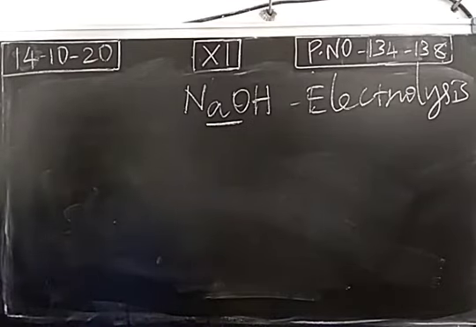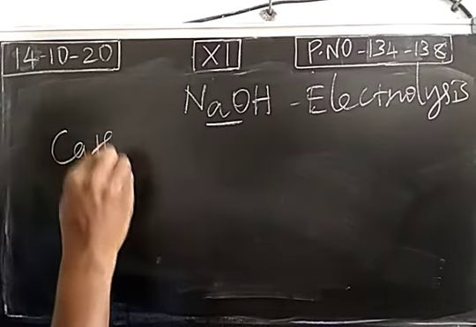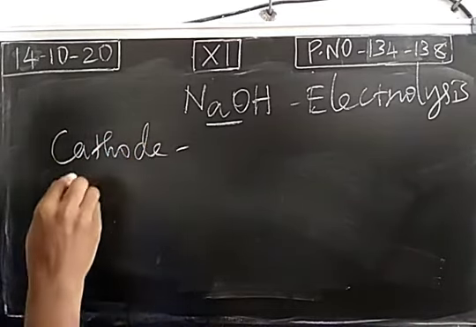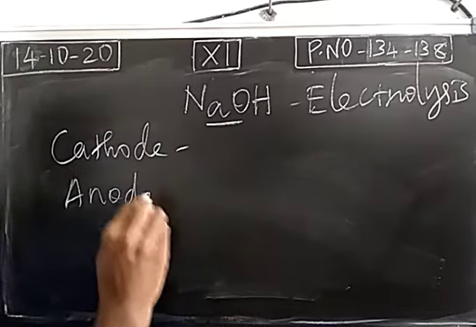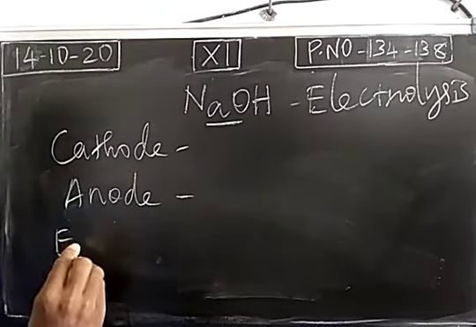So for the electrolysis process, we need an electrolytic or electrochemical cell. The cell will consist of 3 components: cathode, anode, as well as electrolyte or electrolytic solution.